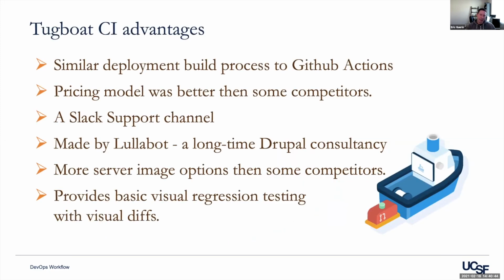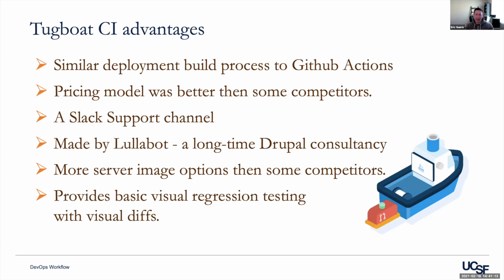So like I said, it's similar to GitHub Actions. One of the main reasons why we chose it, obviously, we're a cost-conscious company since we're a nonprofit, a school. It had better pricing than some of the competitors. It's made by a longtime Drupal consultancy, Lullabot. They offer a Slack support channel, which is really nice. We can talk to them in person and ask a lot of questions.